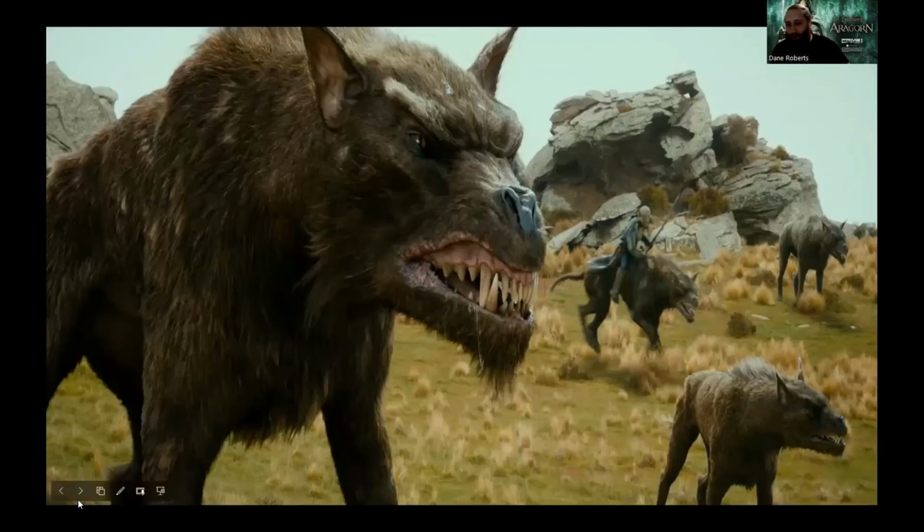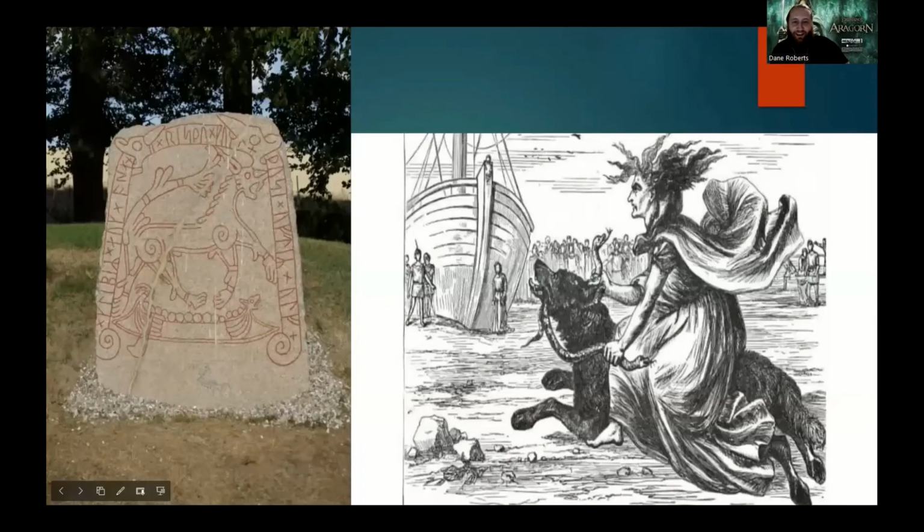And again, this is very straightforward. One, Fenrir, the giant wolf of Ragnarok. I'm going to say it, Armageddon, because Ragnarok is probably just Armageddon copied onto Norse mythology.